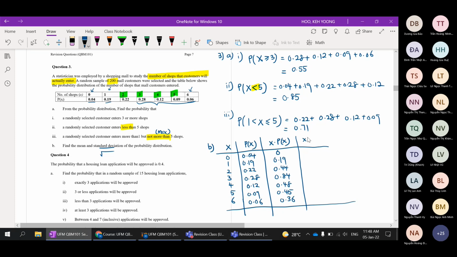We also calculate x squared times P(x). 1 squared times 0.19, you get 0.19. 3 squared times 0.28, you get 2.52. I'm not showing the workings here; you can press it in your calculator.